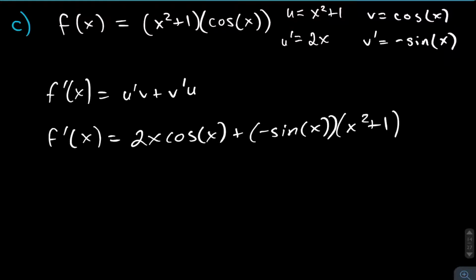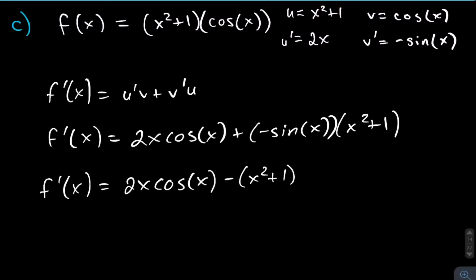So we can rewrite this as f prime of x equals 2x cosine x minus sine x times x squared plus 1. I just like to put the polynomials before the trig functions, and then you have sine x. Okay, so that is your derivative.